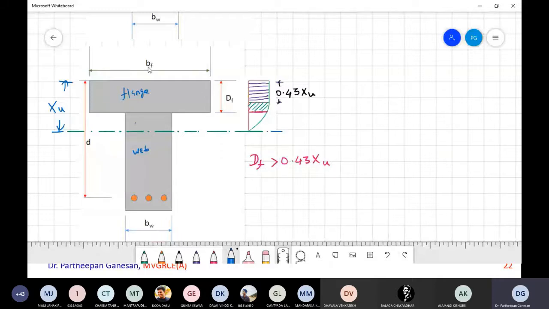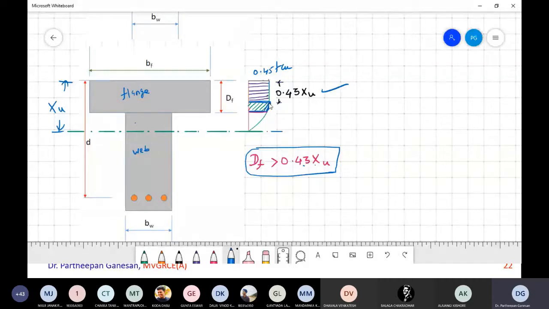This is the same as the second case, but the only difference is that the thickness of flange is greater than 0.43 xu. Your 0.43 xu is less than Df, and Df is ending somewhere here. That means you have this uniform 0.45 fck part and also some parabolic part.